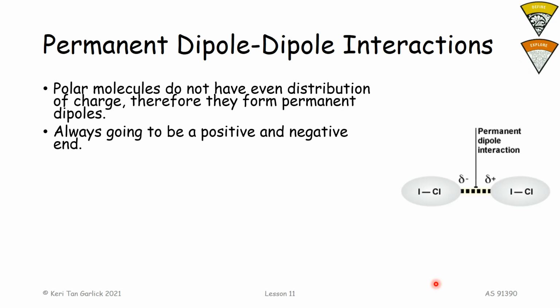So that's what you're looking for when you're looking for things that have permanent dipole-dipole interactions. They often tie this question into the polarity question. So you might first identify which molecule is polar and which molecule is nonpolar, and then you would talk about what intermolecular bonds they have to explain their melting and boiling points.